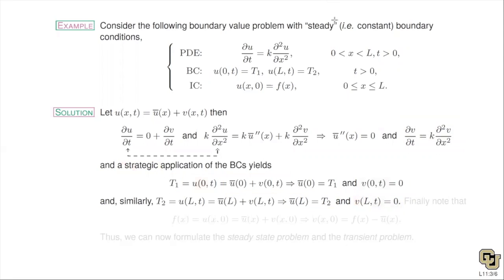Finally, for the initial condition for the PDE, we go back to the given information and plug in U bar plus V for U, and now solve for little v. We want the initial condition for the PDE, so solve for little v.